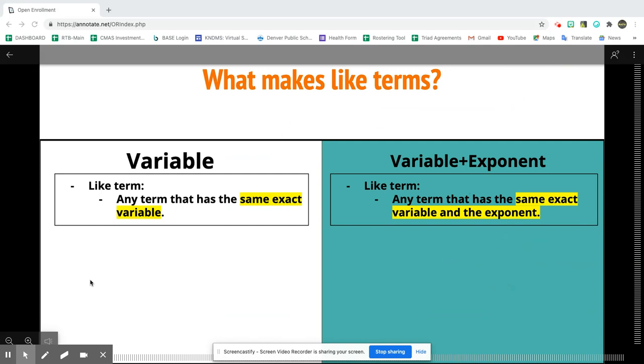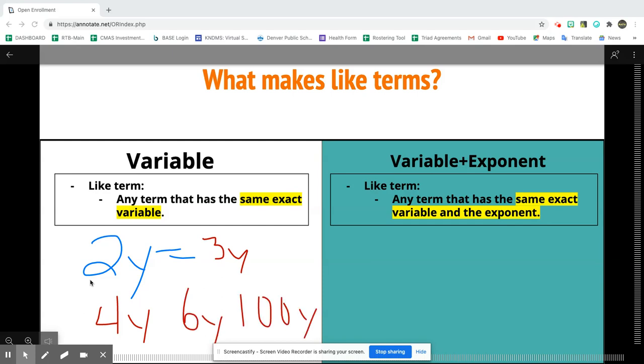We're going to really focus on the variable terms and the variable and exponent terms just to get an idea. So remember, when we have a term that has a variable, the variable has to be the same. So for example, if I have 2y, the only terms that are like terms to 2y are terms that have y in it. So 3y, 4y, 6y, 100y. As long as it has the y in it, they are like terms because they have the exact same variable.